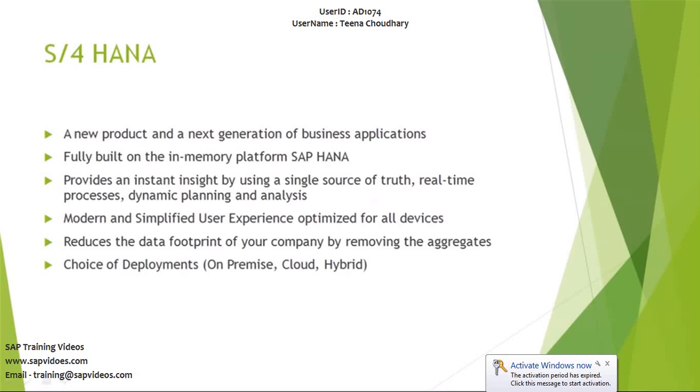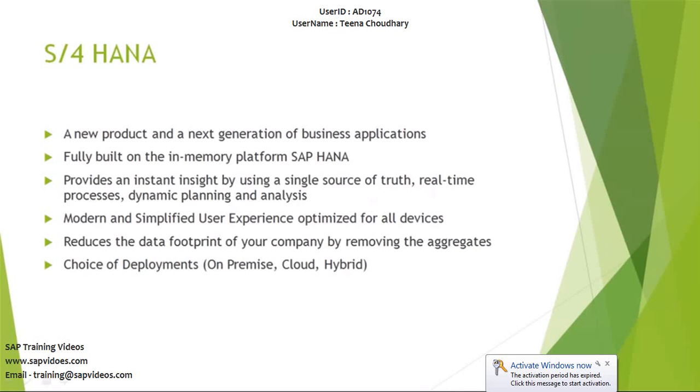And the last point, you are also getting the choice of deployment, which means till now, whenever you were planning to purchase SAP, in most of the cases the on-premise edition was available. I'm not saying cloud was not available till now, because cloud was available in, I think, 2012.